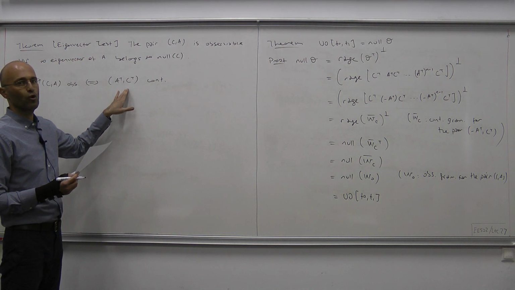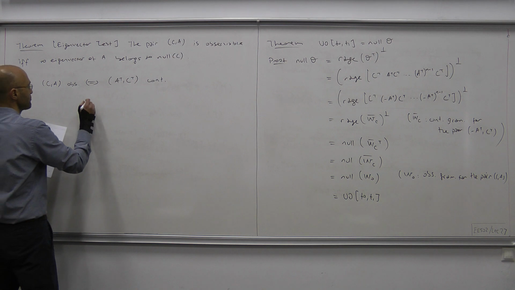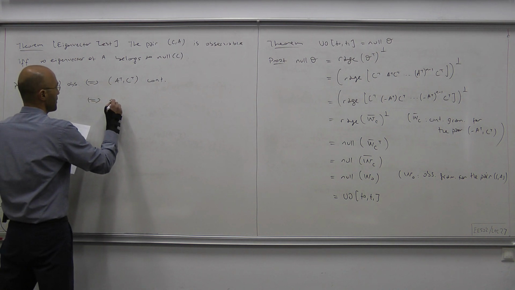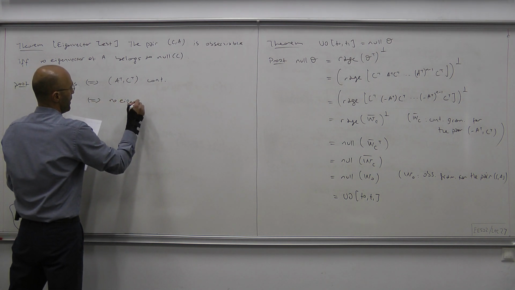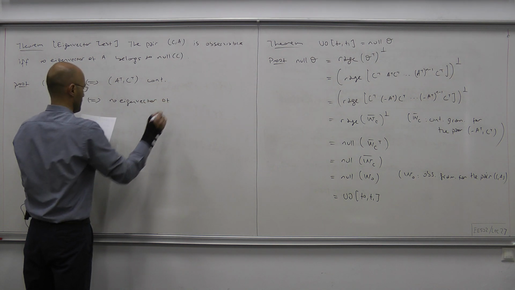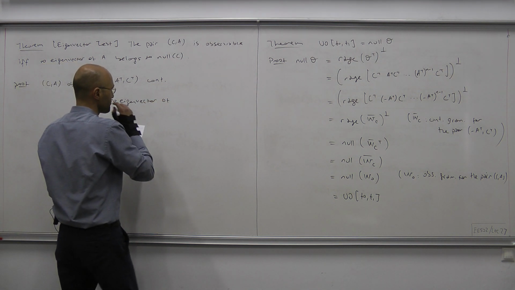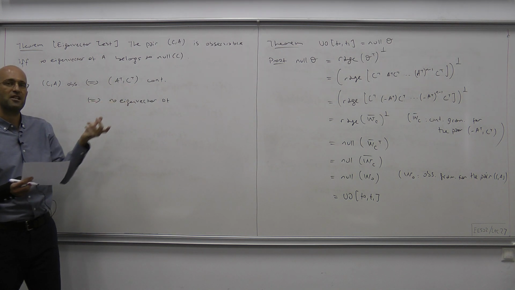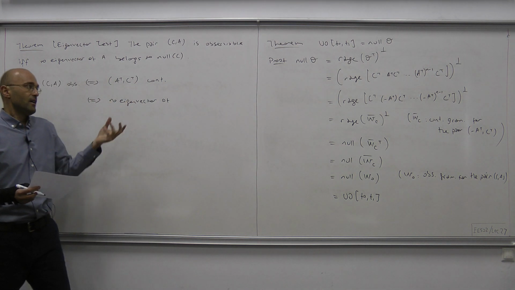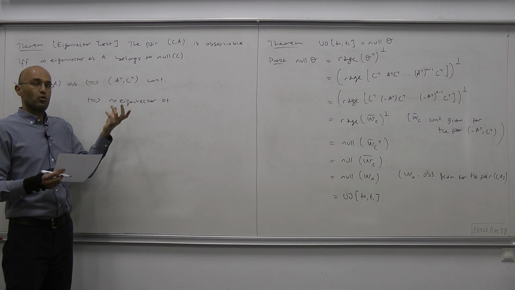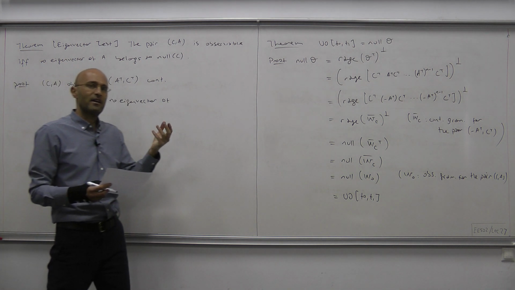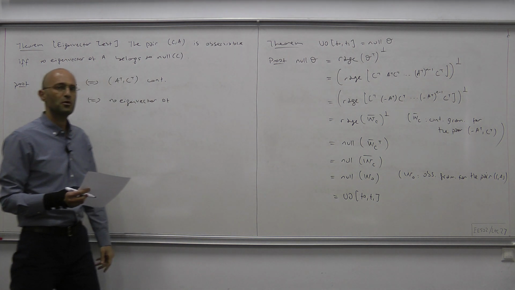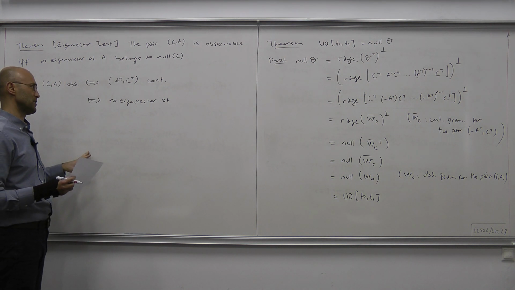So this pair is controllable if and only if, call this A tilde and this is B tilde. The eigenvector test for controllability was: the pair A tilde, B tilde is controllable if and only if no eigenvector of A tilde transpose belongs to the null space of B tilde transpose.